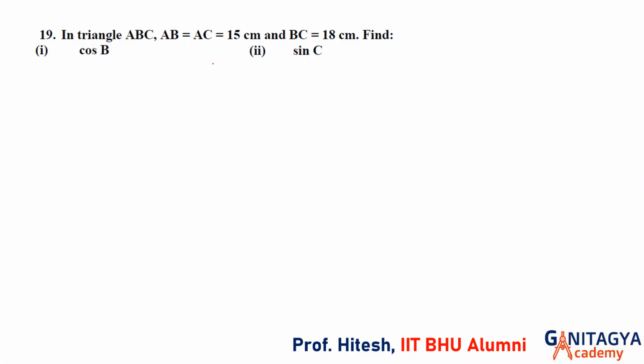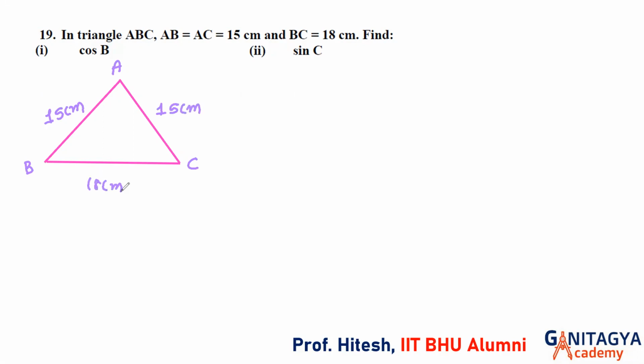Let me solve. So in triangle ABC, this is A, this is B, this is C. It means this is an isosceles triangle. So AB is equal to 15 centimeter, AC is equal to 15 centimeter and BC is equal to 18 centimeter.